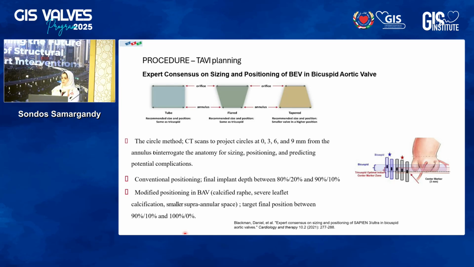And the same as Dr. Mogheri said, when we deal usually with tube or flare shape, we have no issues. However, when you deal with tapered annulus to orifice alignments, then we have to be going more up, avoiding the LVOT.